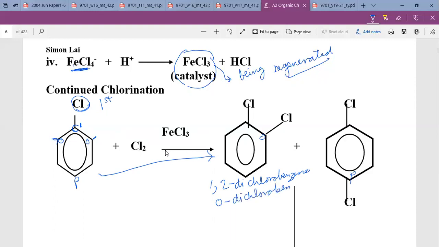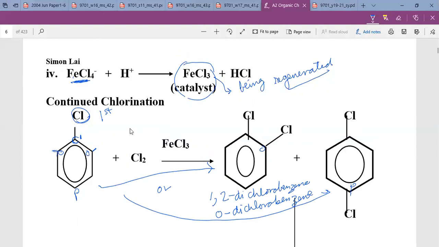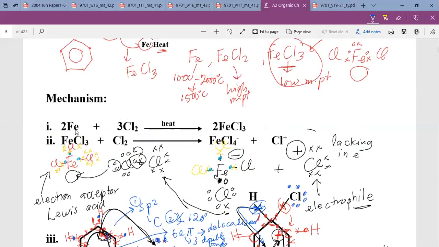You know where to put the position. Of course, a 1,3 is either this or from here to here. Now draw for me the whole mechanism, from the beginning until now.